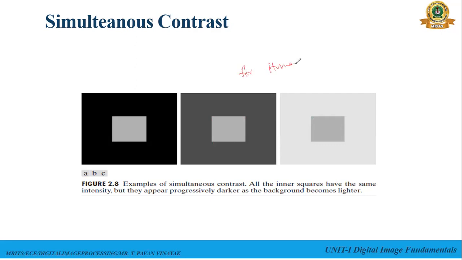For human vision only, the color varies, but actually the color is the same. This effect is called simultaneous contrast.